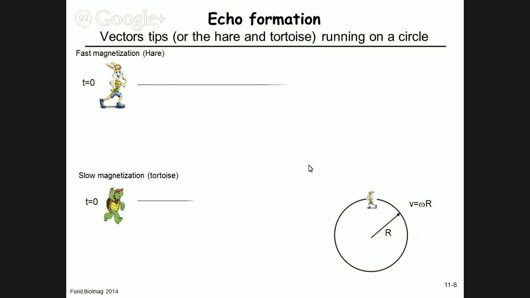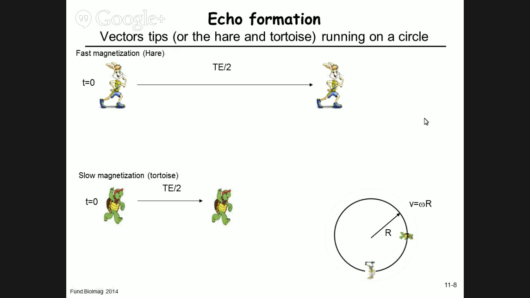Then in a certain amount of time, which we'll call TE over half, since the hare is running fast, he'll have run a longer distance compared to the tortoise, which has run a shorter distance. So here they go, the tortoise in clockwise fashion, the hare in counterclockwise fashion, and the hare has gone from here to here, the tortoise from here to here. That's a different distance corresponding to their slower speed.